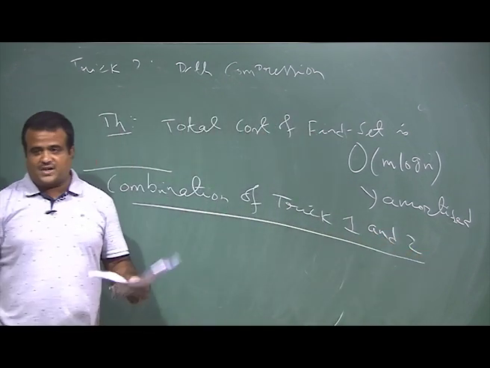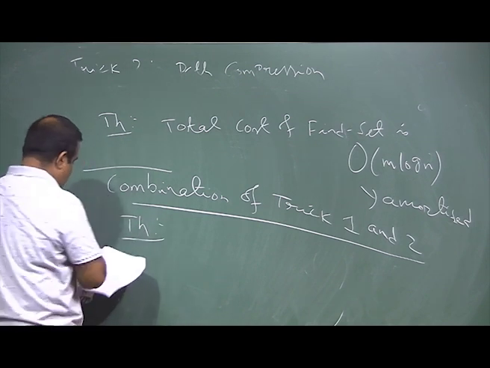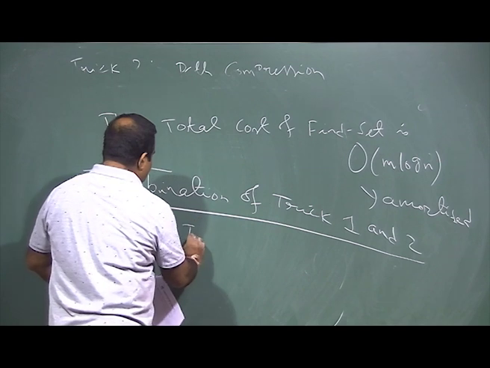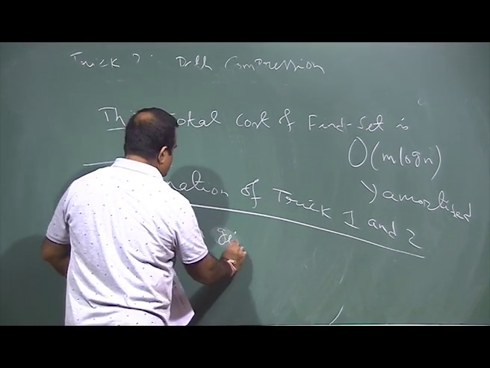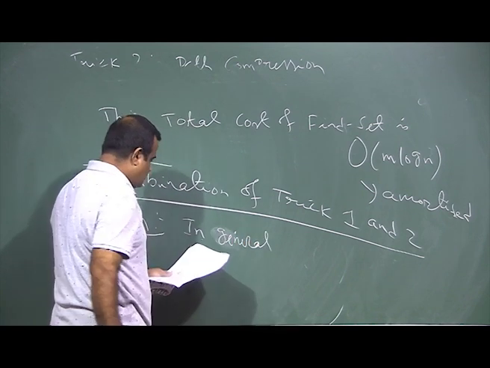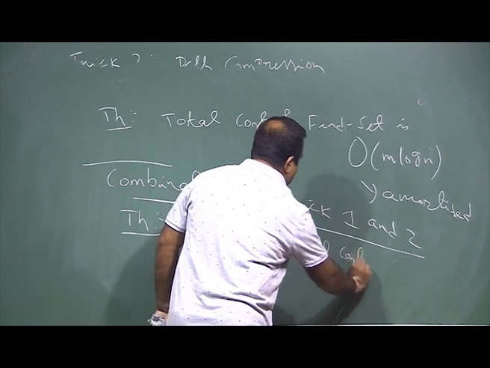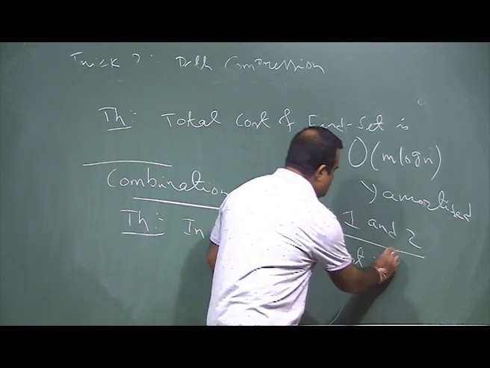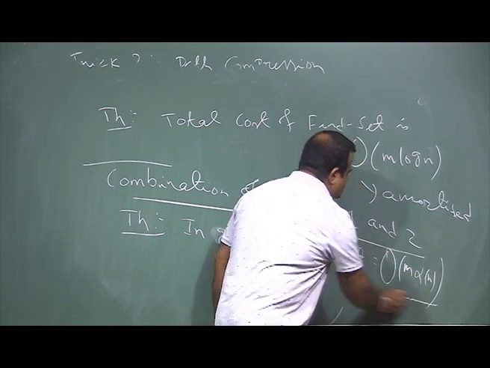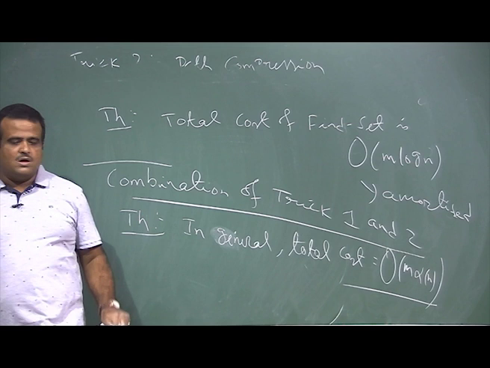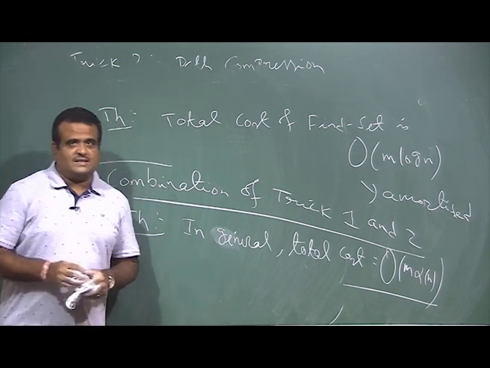If we apply both the tricks, then in general, this is another theorem: the total cost is order of m log n. The proof is there in the Cormen book. I am not going to do this proof. This is again in the amortized sense.